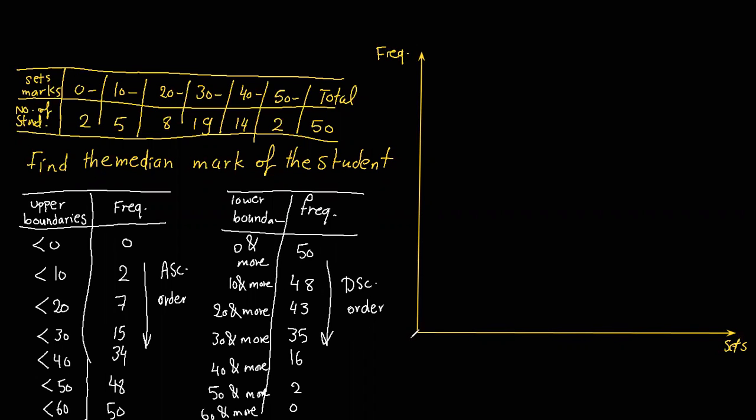The values start here from 0 on both sides. Then we make the grid of 10, 20, 30, 40, 50, and 60. The total frequency is 50, so we make it 10, 20, 30, 40, 50.